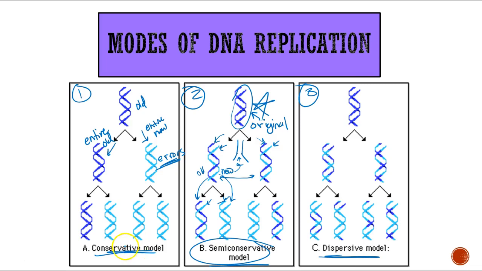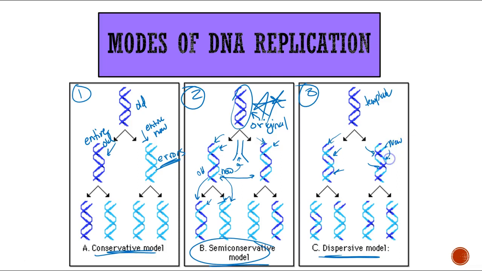So the conservative model is incorrect because, again, there is no use of template strands like there was in the semi-conservative model. The dispersive model is also false, because in it we take our template strand and split it up. We're dicing it up, sending some of the old DNA in different sections to the left side and some to the right side, and filling in the gaps with new DNA, shown here in light blue.